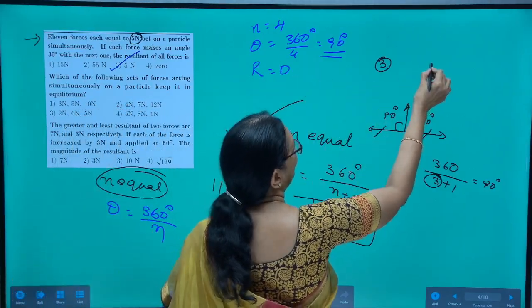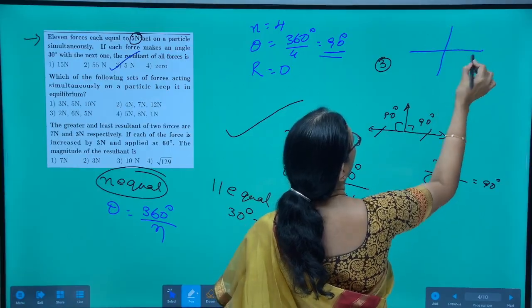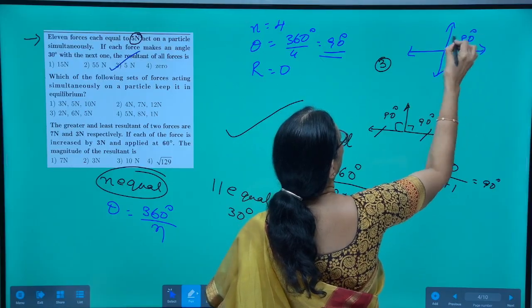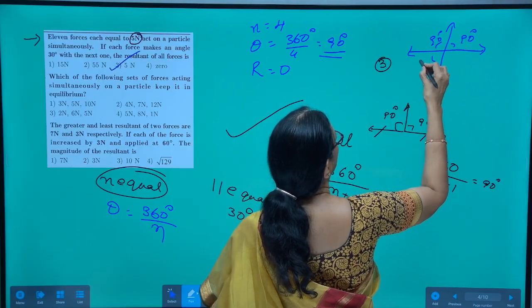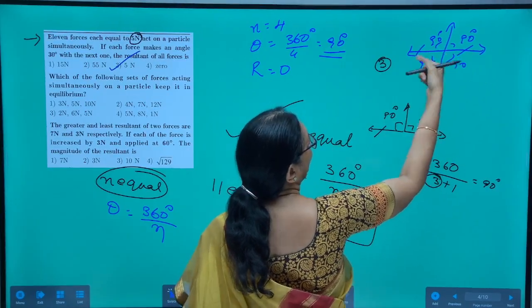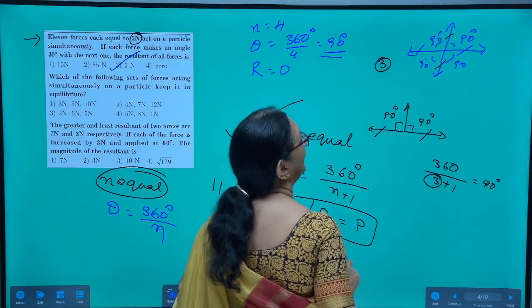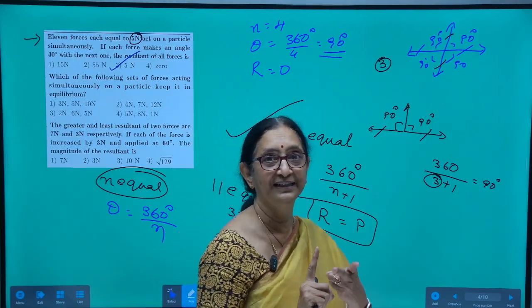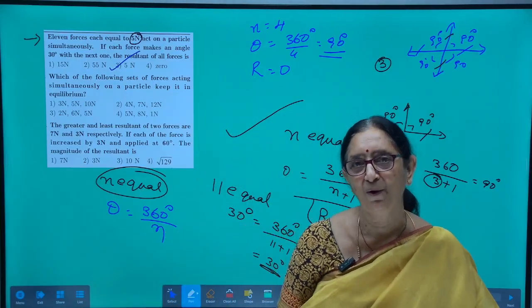For that the proof is so simple. You have 4 vectors like this. Each vector is making 90 degrees with the next vector like this. See, if they are equal and opposite, they cancel each other. These two are equal and opposite, they cancel each other, resultant is 0. So, here we learnt 2 very important points.